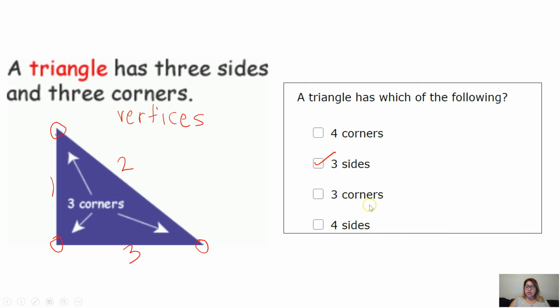Remember, corners is also vertices. So let's check. 1, 2, 3. It does have 3 corners. Does it have 4 sides? Let's check. 1, 2, 3. No, it does not. So a triangle has 3 sides and 3 corners, which is also known as vertices.